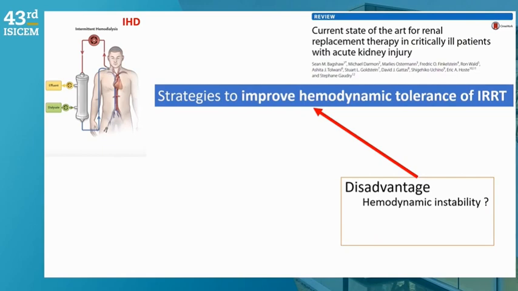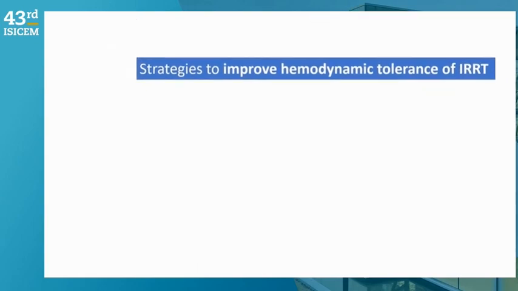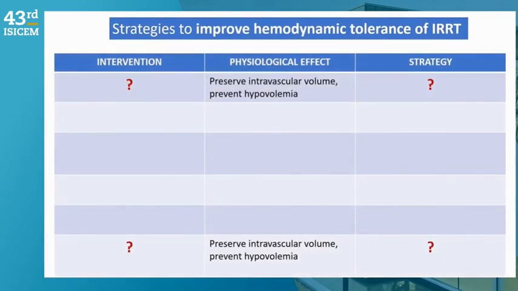But you have a lot of strategies to improve the hemodynamic tolerance in your patients on intermittent hemodialysis. And we can play a game if you want. Okay, let's go. Your objective is to preserve intravascular volume and to prevent hypovolemia during the intermittent RRT. What do you choose?